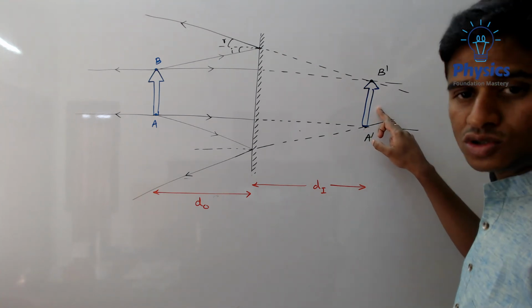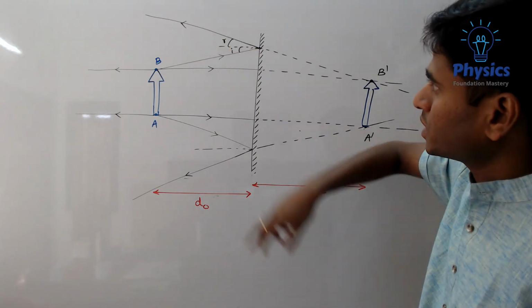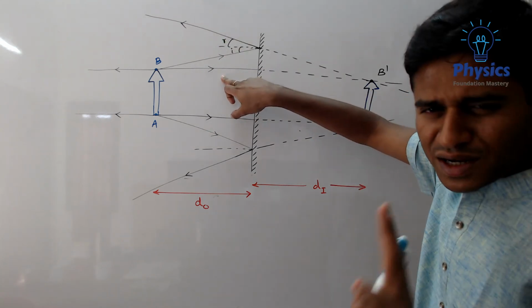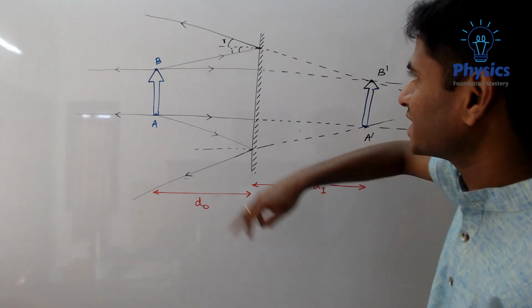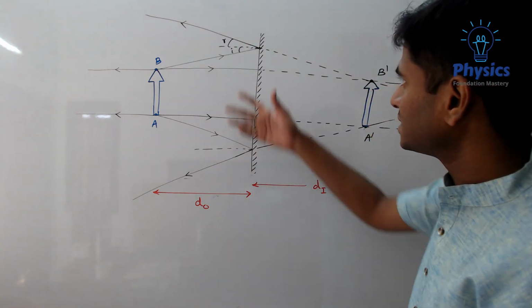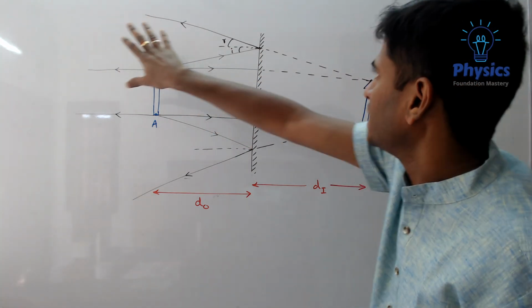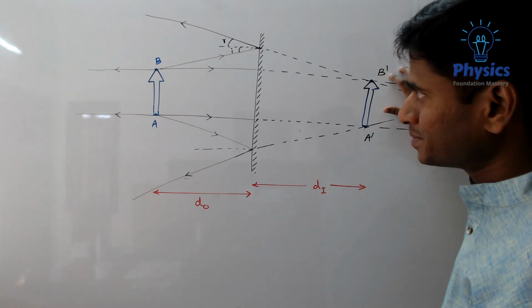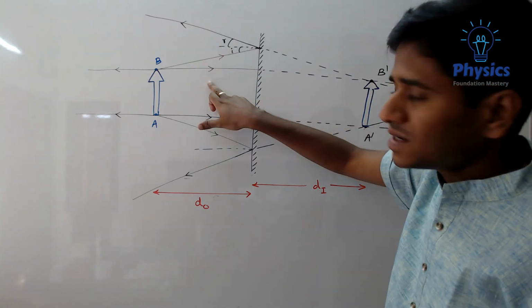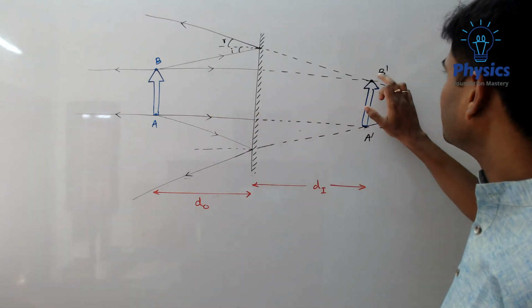And another thing is, this image appears to be present because of these reflected rays. Of course, they are not 2, there are an infinite number of reflected rays. When these reflected rays arrive at my eye, I see this B dash. But these reflected rays actually do not meet at B dash.